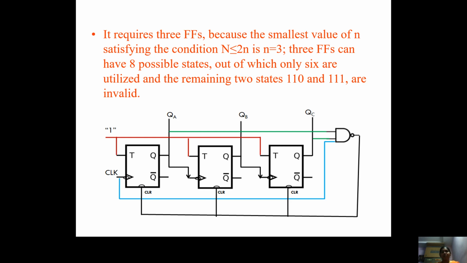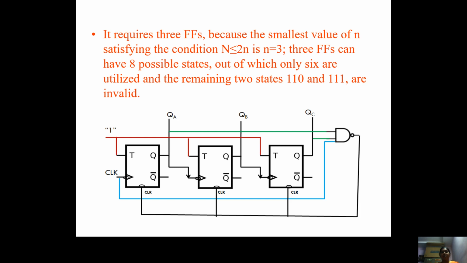The operation of the mod 6 counter is similar to the binary asynchronous up counter, since all the inputs are tied to 1. Before the application of the clock pulse, all the flip-flops are at reset state 0 0 0.